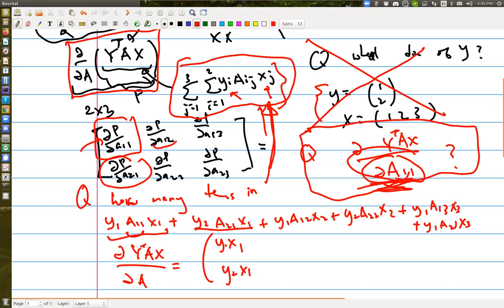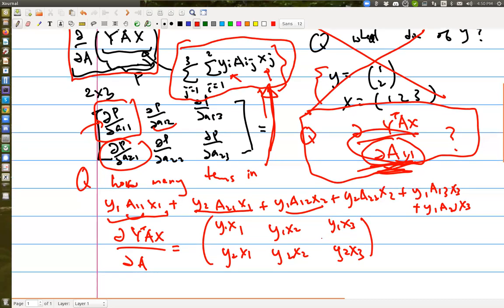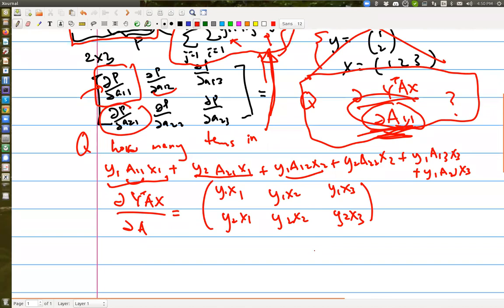And for A12, it will be y1 x2, and so on and so forth. I have y2 x2, and y2 x3. So that would be the gradient.